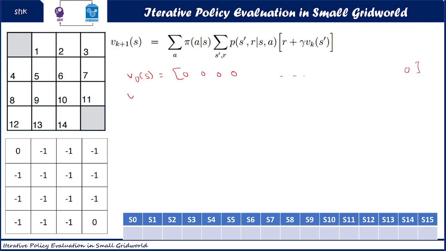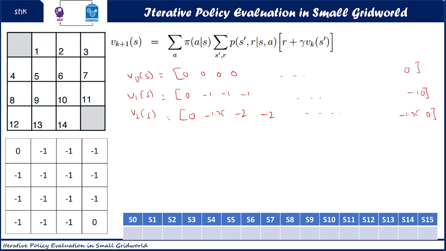Then we evaluated V1 of S, where the terminal states are 0 and the remaining elements are minus 1. And V2 of S is 0, minus 1.75, minus 2, minus 2, like this. We got some values, and the terminal state is 0.